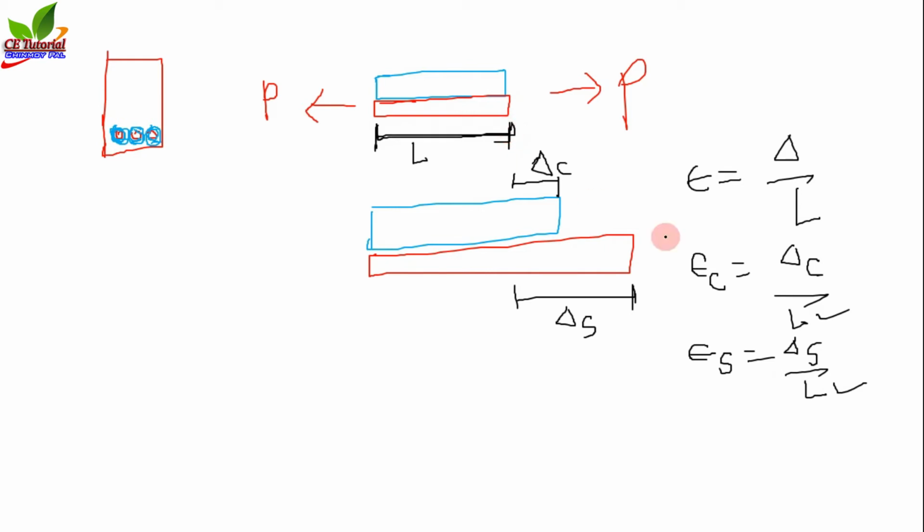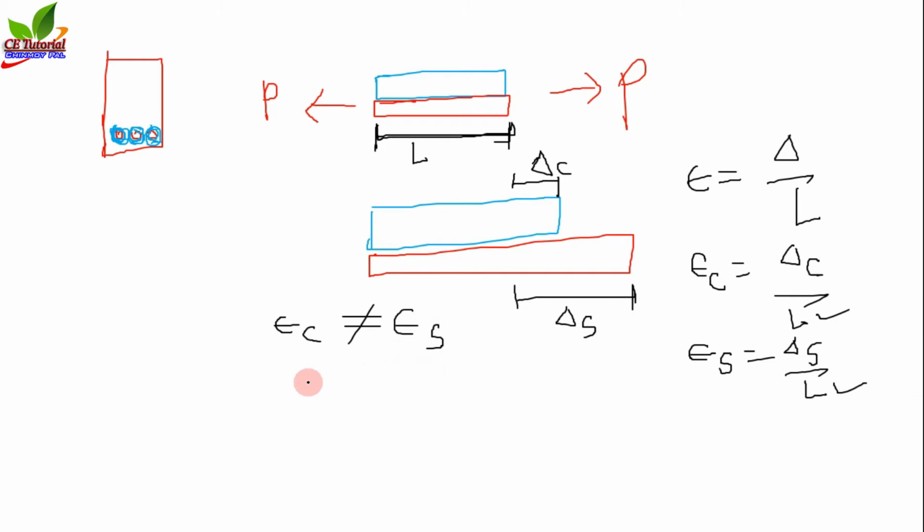Length is same, but delta C is different. So we can say that epsilon C is not equal to epsilon S.